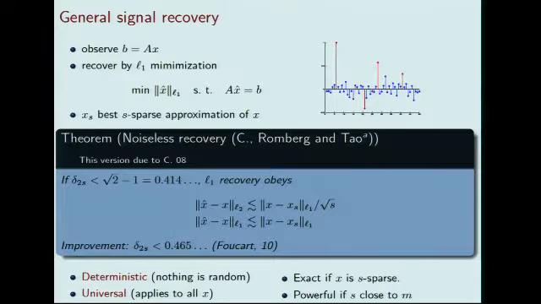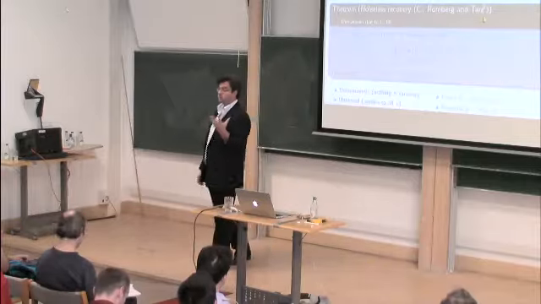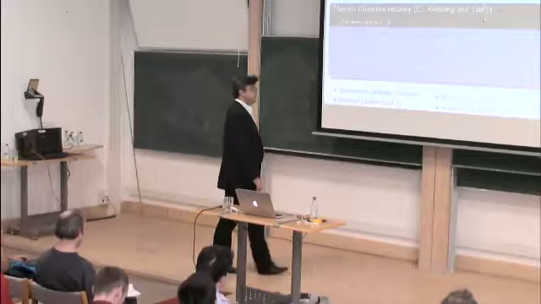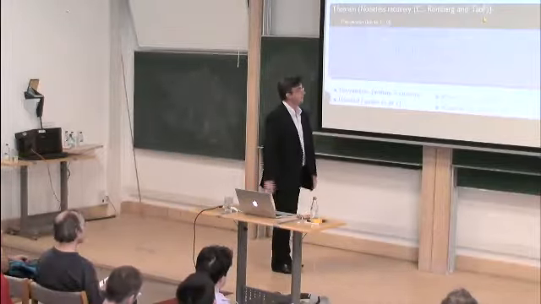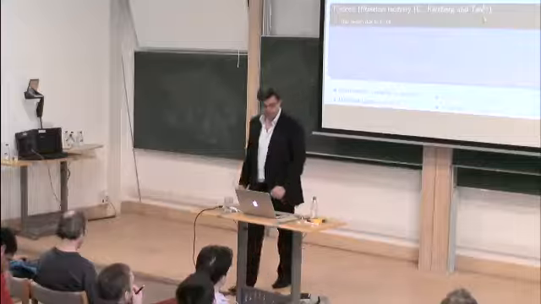Okay, so of course, if x happened to be S-sparse, then the recovery error is 0. So that's what we've seen this morning. The error is 0. And of course, what would be wonderful is if I could find a matrix so that the number of measurements I make is so close to S that with very few measurements, maybe with 3S measurements, I get what I would get if I had an oracle telling me exactly where to look for information.